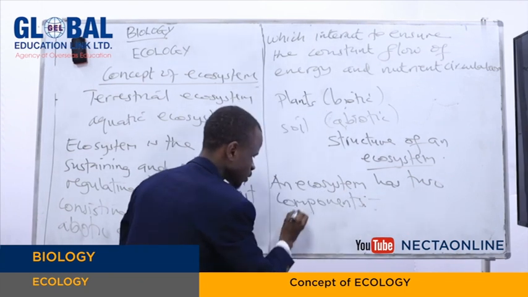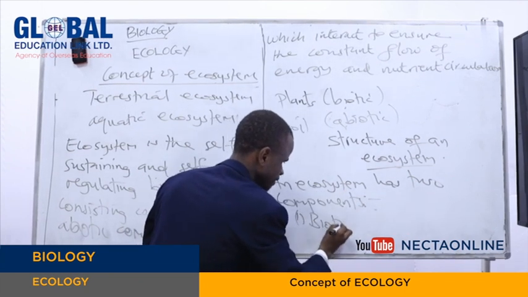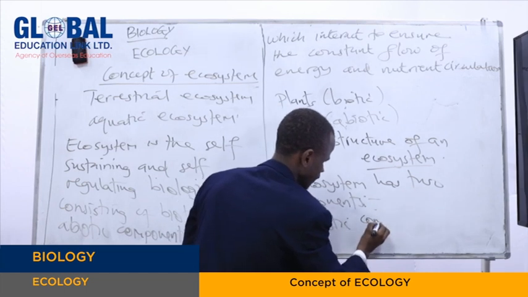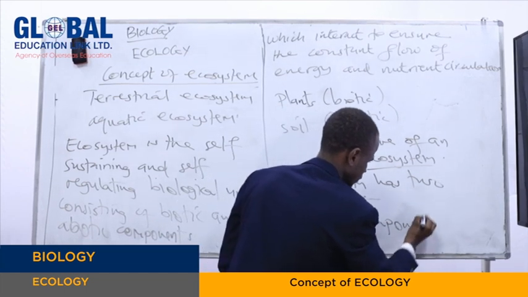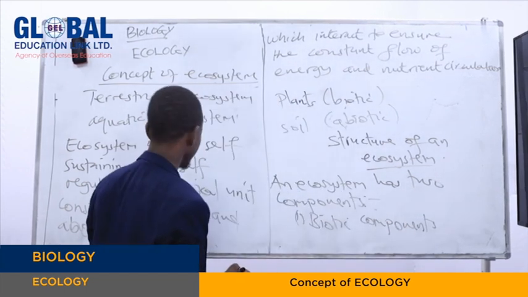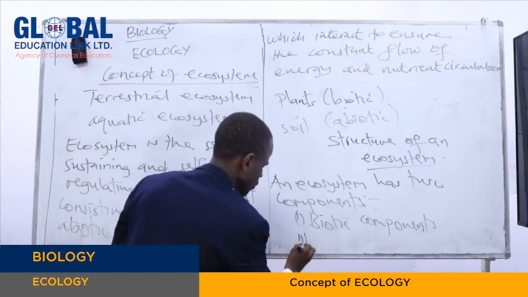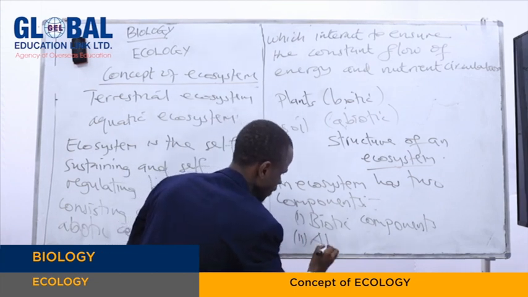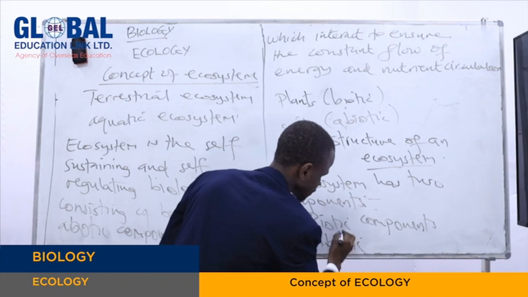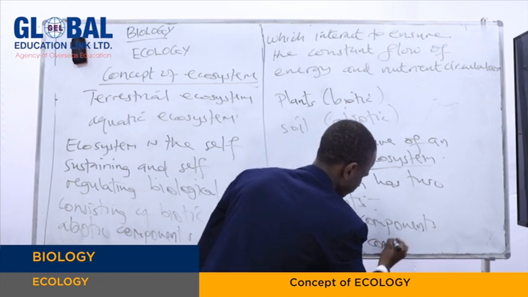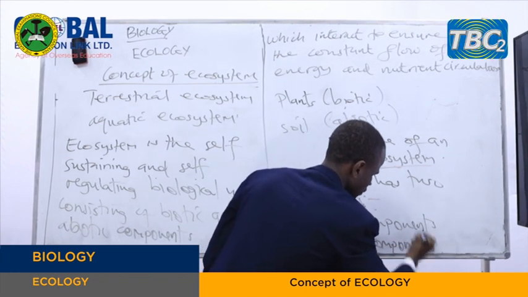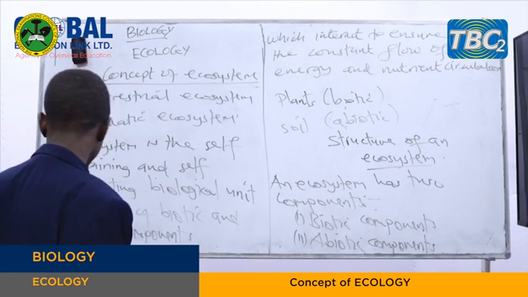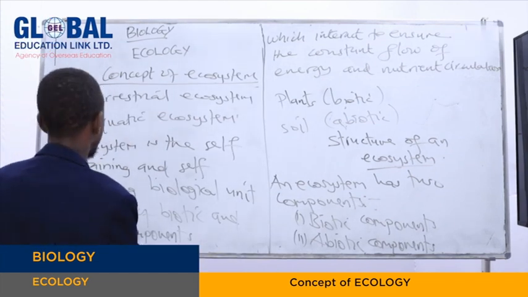One of the components is called biotic components, and the other component of the ecosystem is called abiotic components. What are biotic components?